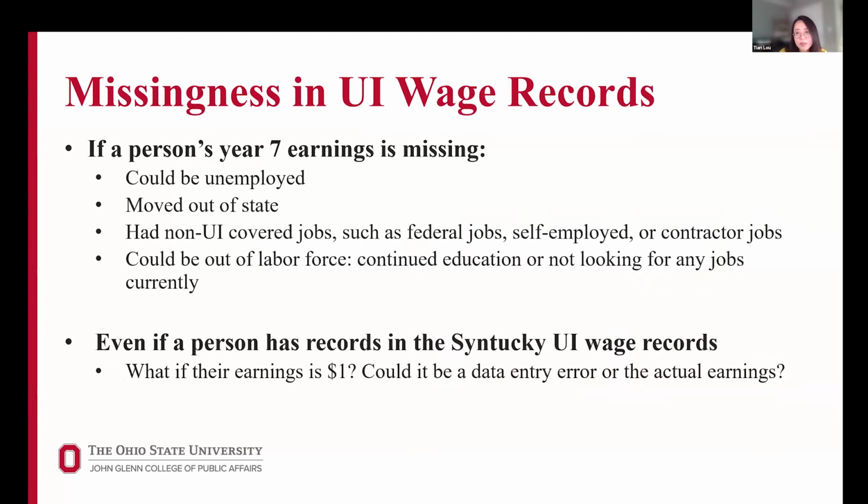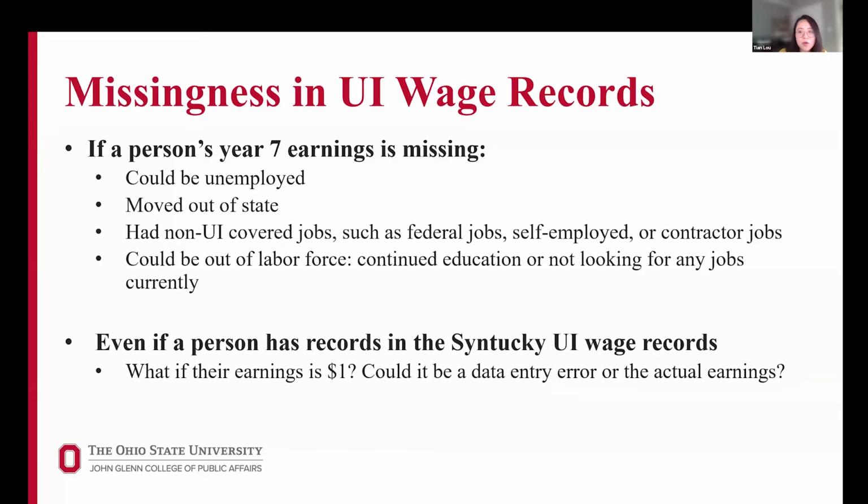So given those patterns we observed in the data, if we go back to think about the data that we're using, what could be the potential missingness, and what could be the method that we can use to deal with those issues? First of all, if we take a look at where we get this earnings data from, it is from the UI wage records.